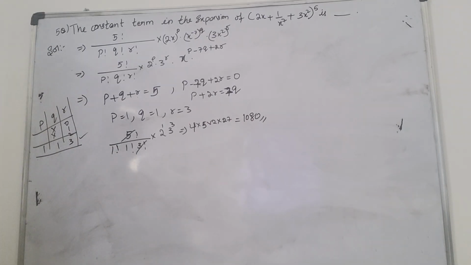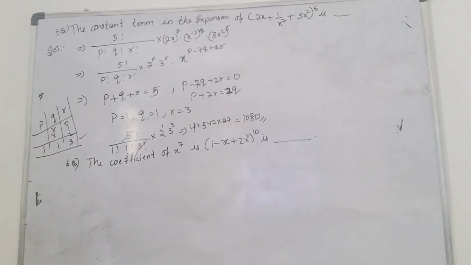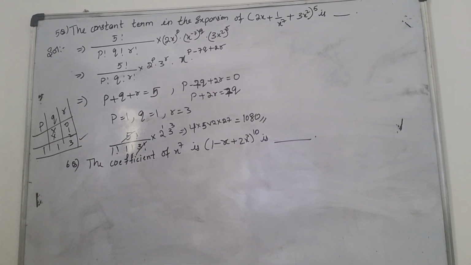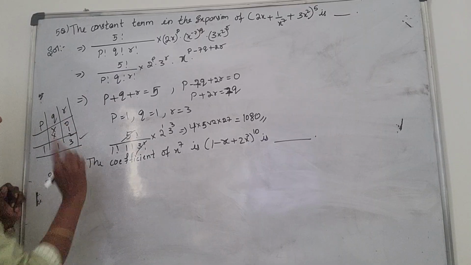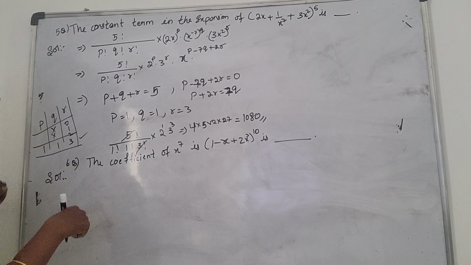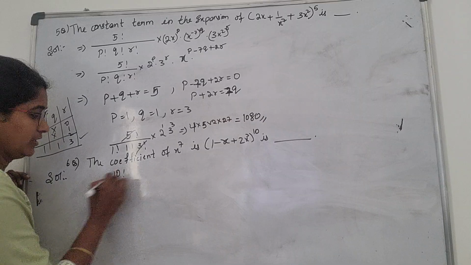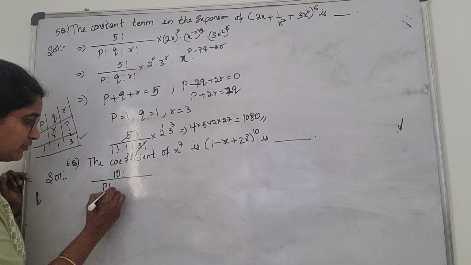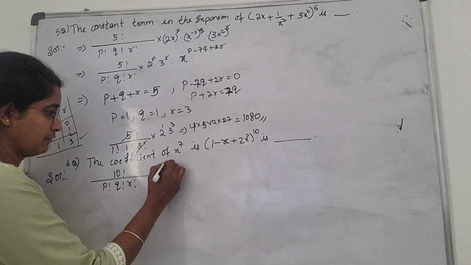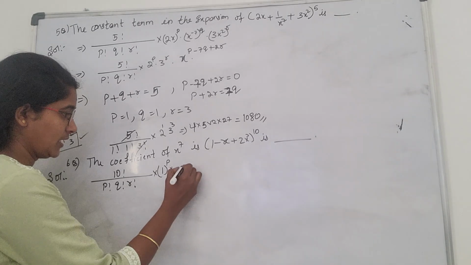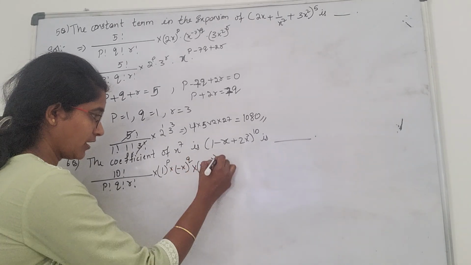Now we'll do the next question, the 6th question. We'll do the same pattern. This is also the same kind of question. So we'll write the general formula: 10 factorial by p factorial, q factorial, r factorial into 1 power of p into minus x power of q into 2x cube power of r.